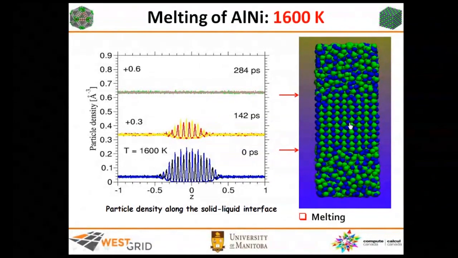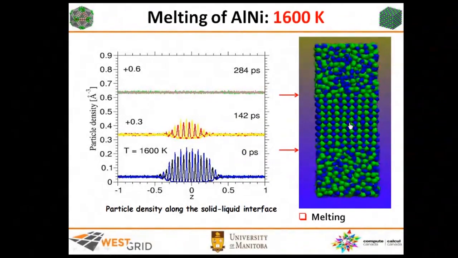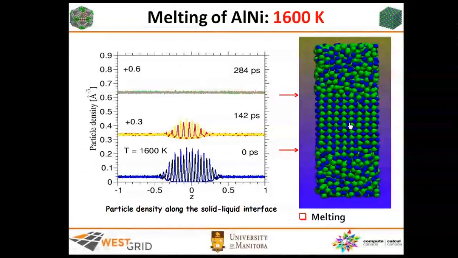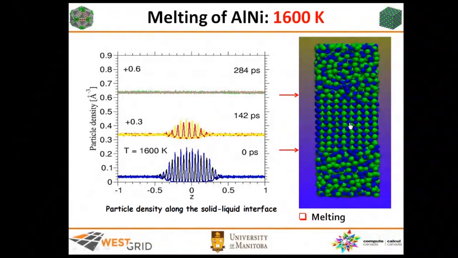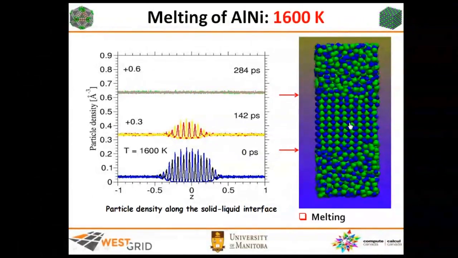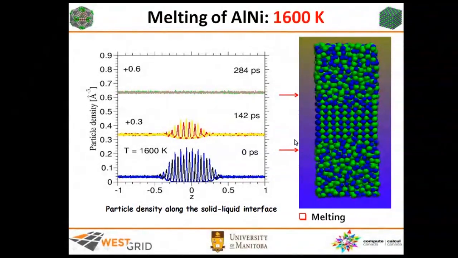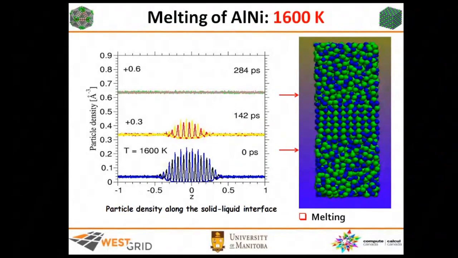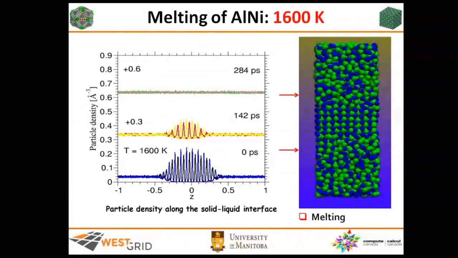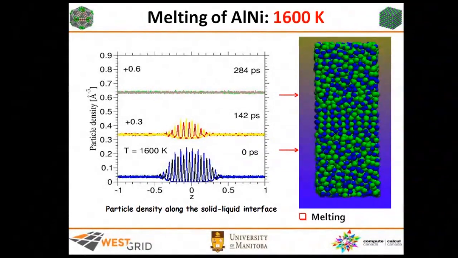I have a crystal in the middle surrounded by the liquid. All we can see here is just the fluctuation of the interface. The particles at the interface between solid and liquid sometimes belong to the crystal, sometimes to the liquid. So they're just small fluctuations.